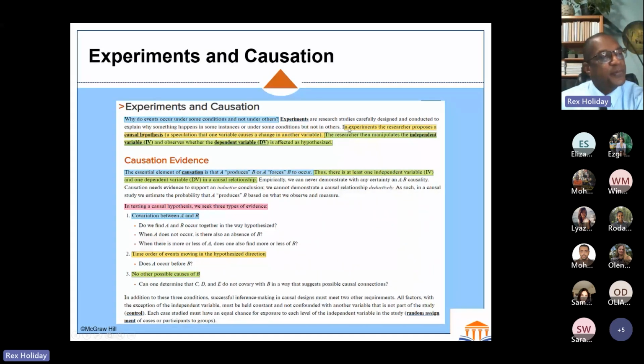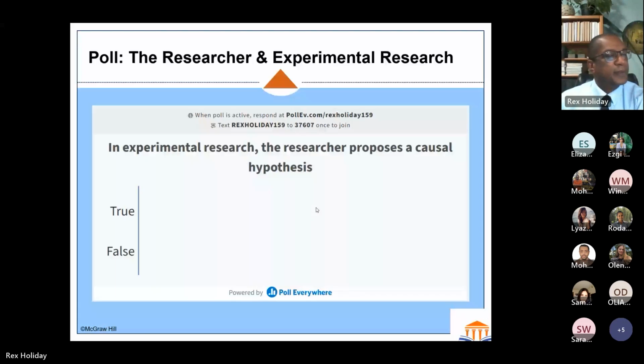It says, in experiments, the researcher proposes a causal hypothesis, a speculation that one variable causes a change to another variable. And you guys have nailed it. Yep, you're right. It's true. Very, very good.